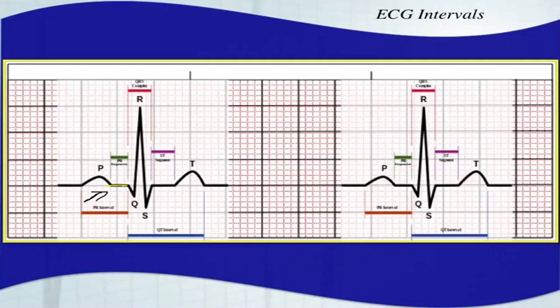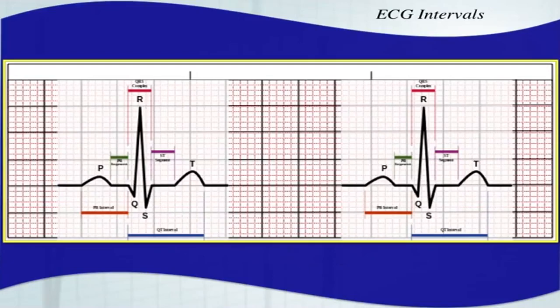The PR segment begins right where the P wave hits that isoelectric line, and it ends right where you get the first positive or negative deflection following that. Then you have your QRS complex, then you have your ST segment. The ST segment begins where your QRS complex hits the isoelectric line, and it ends where your T wave begins.